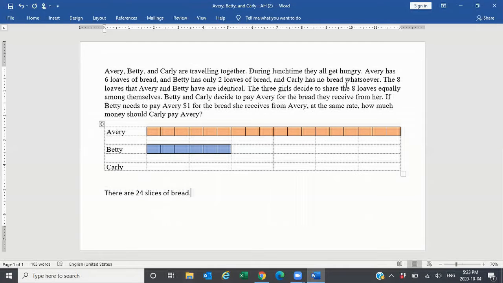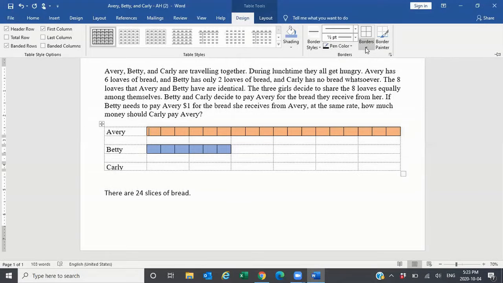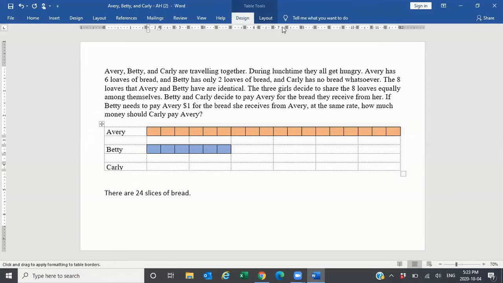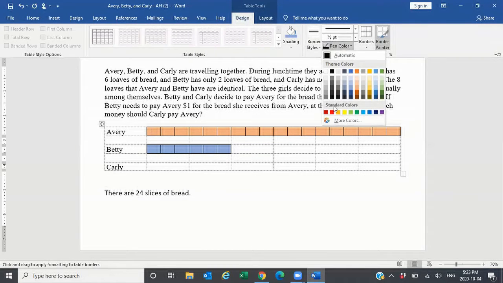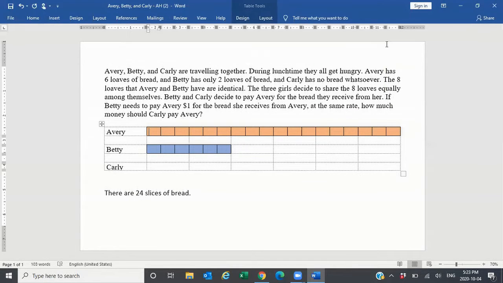Alright, now 24 divided by 3 is 8, so that means each girl should get 8 slices of bread. I'm also going to make the slices a different color than the actual loaves of bread. Wait, hold up. Maybe a red color. There we go.